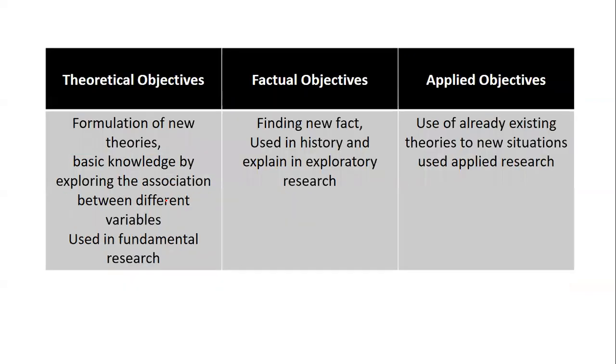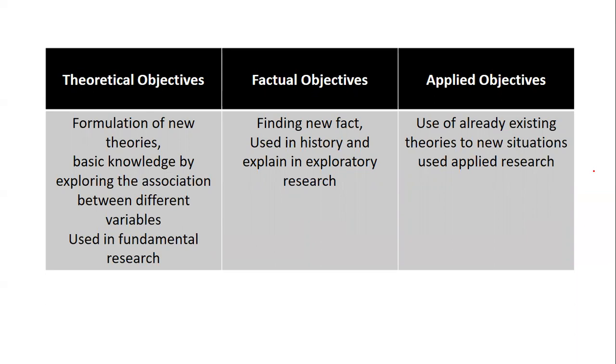Next we have objectives. Research objectives are divided into three parts: theoretical objectives, factual objectives, and applied objectives. Theoretical objectives are about formulating new theories, basic knowledge, by exploring the association between different variables, and are used in fundamental research, that is, basic research.